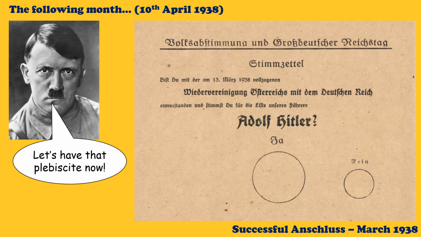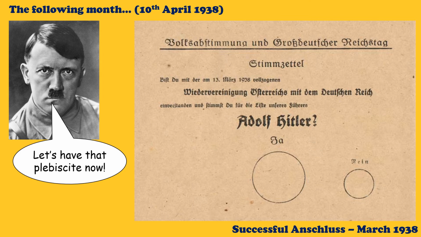A month later, on the 10th of April 1938, Hitler says, "Yeah, do you know what? I reckon it's time for us to have that plebiscite now. We've been here for a month. Let's see what the Austrian people want." And the image that you can see on the right hand side here, one of my favourite images to use when teaching about Anschluss, is of a voting form, of a ballot paper, of the plebiscite that was held on the 10th of April.